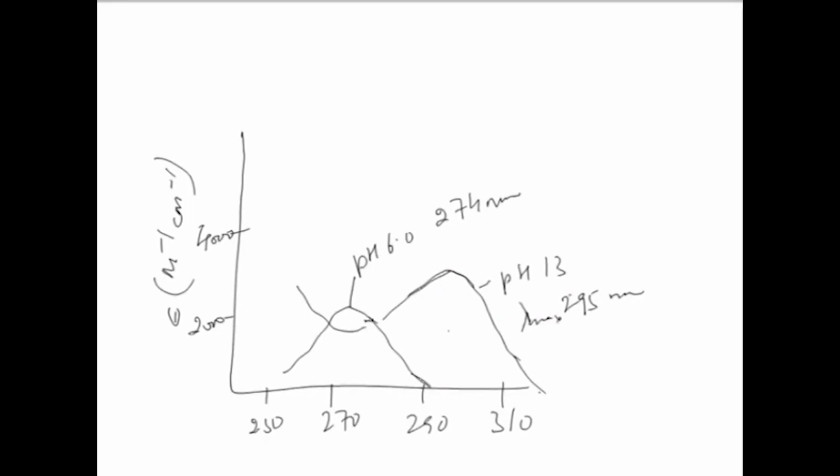Also, there is an increase in the absorption coefficient. So, when it is done at two different pH, the pH affects the lambda max as well as the molar absorption coefficient, or extinction coefficient.